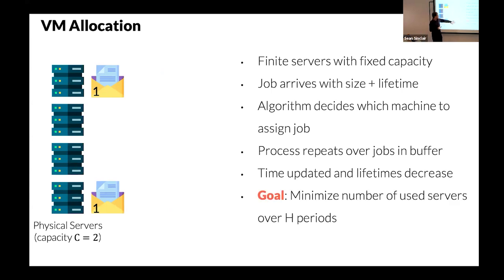And your goal, minimize the number of used servers over some period of time. So I just explained a problem, and it's quite simple. We actually understand most of how this system works, right? There's only one aspect that we don't know, which is what are the jobs coming into the system, right? What is the distribution that's governing the jobs that are coming? What is their size? What is their lifetime, and so on?